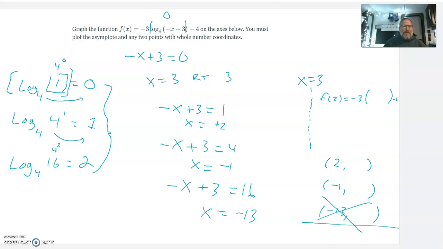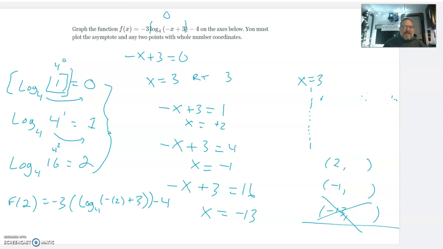Let me find some more room over here. f of 2 is equal to, let's plug, be meticulous, negative 3 log base 4, I'll plug in the 2, negative of negative 2, plus 3, close that log down.